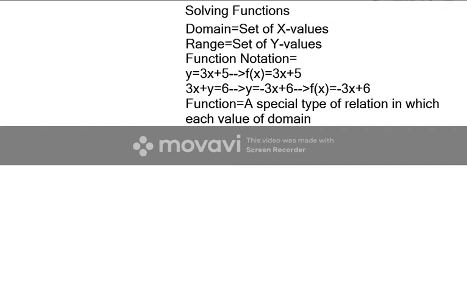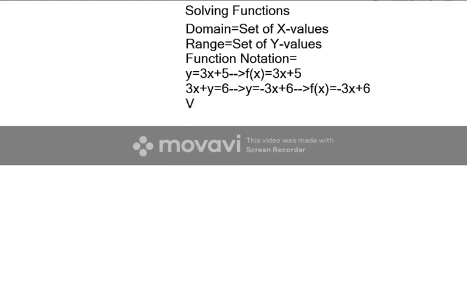It's where you put a vertical line through any part of the graph, and you have to check every single part. If it touches the graph twice or more at any part, that means it's not a function, because that means for some x value there is more than one y value. So that's just something to keep in mind.